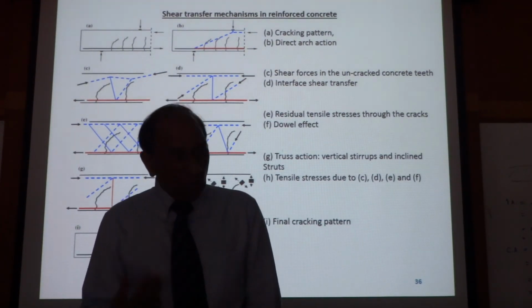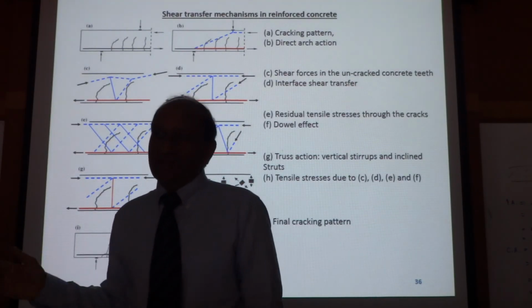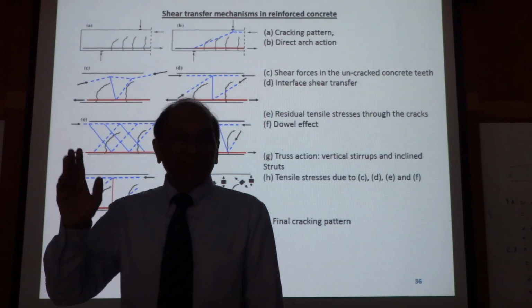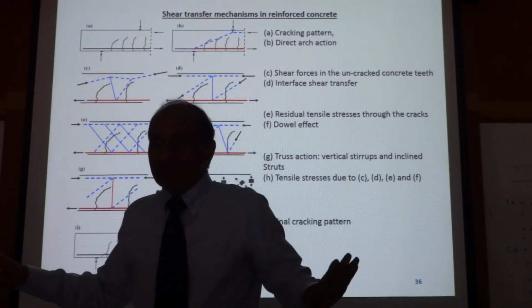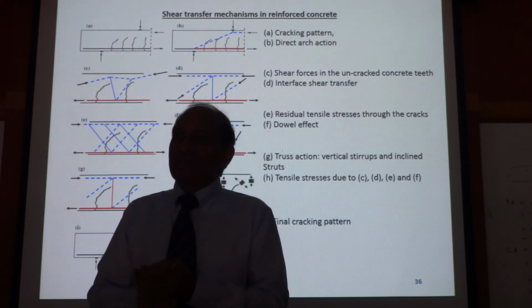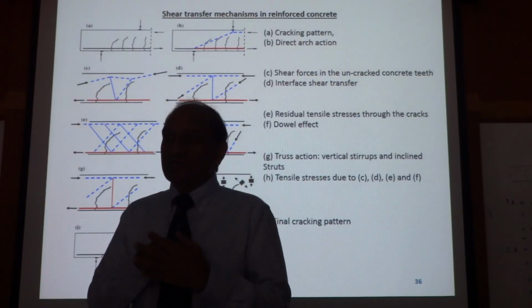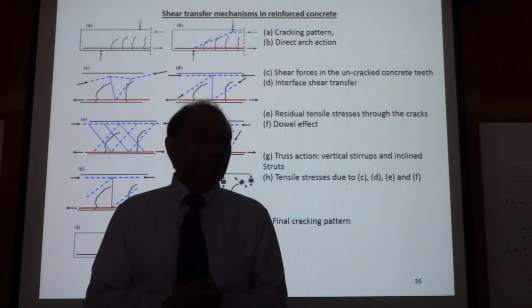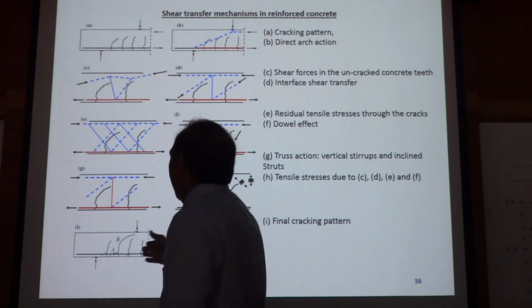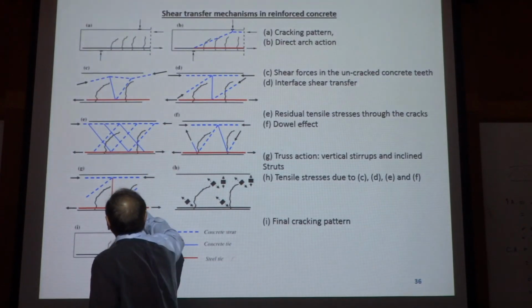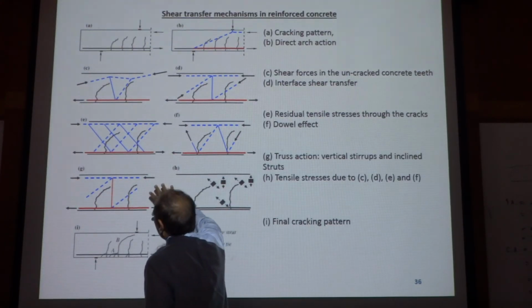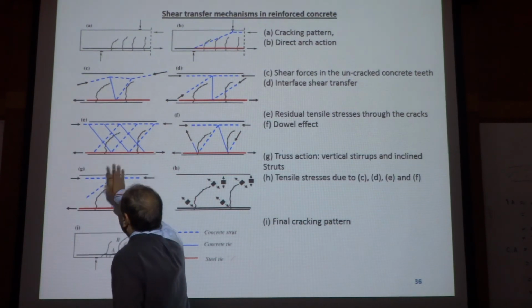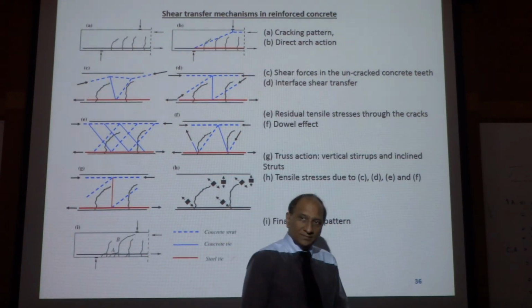We assume already that everything is cracked, and we don't care what is the direction of the crack, where is the crack. We just assume that the entire beam, wherever there is tension, is fully cracked and concrete is gone. Only compression is left, and all tension is taken by steel. So that means we don't need to worry about these things anymore. So we are going to make it very simple. Wherever there was crack, wherever there is a tension, it's all gone. Right?